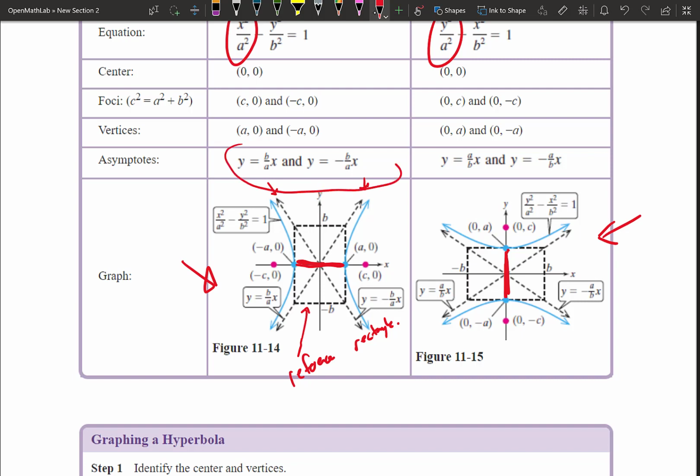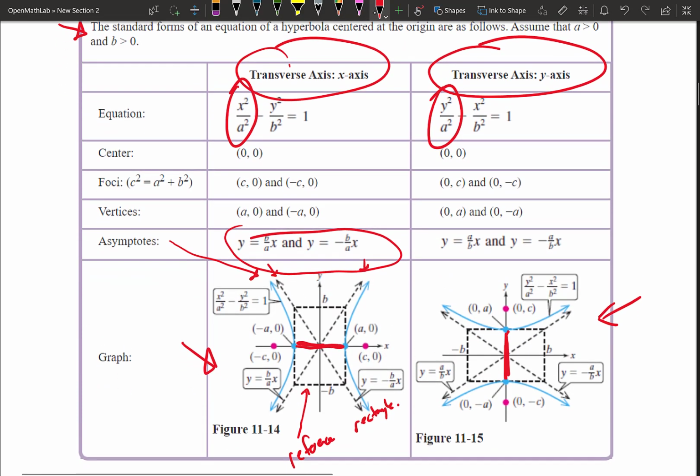The equations for those are here. They're useful to help us draw the hyperbola if we were to draw it by hand. So that's where those come in.